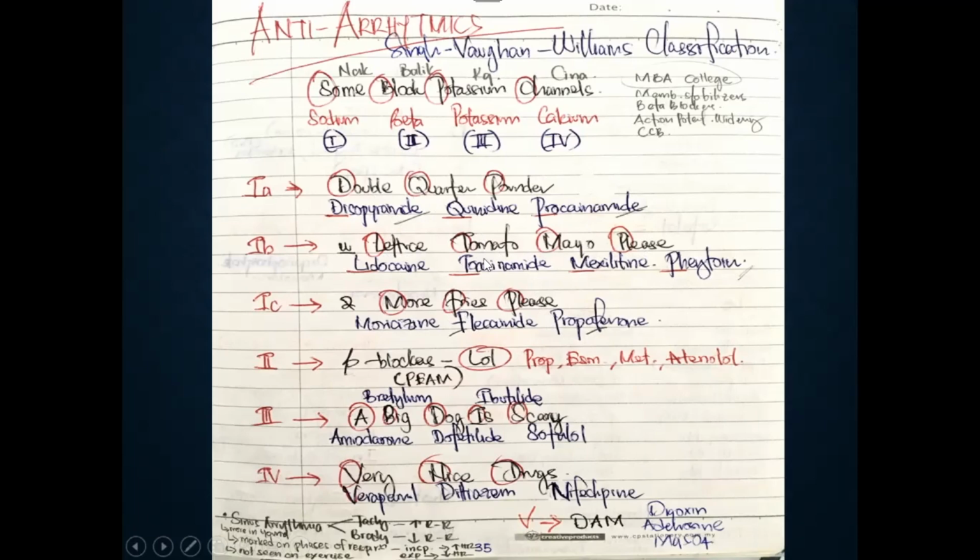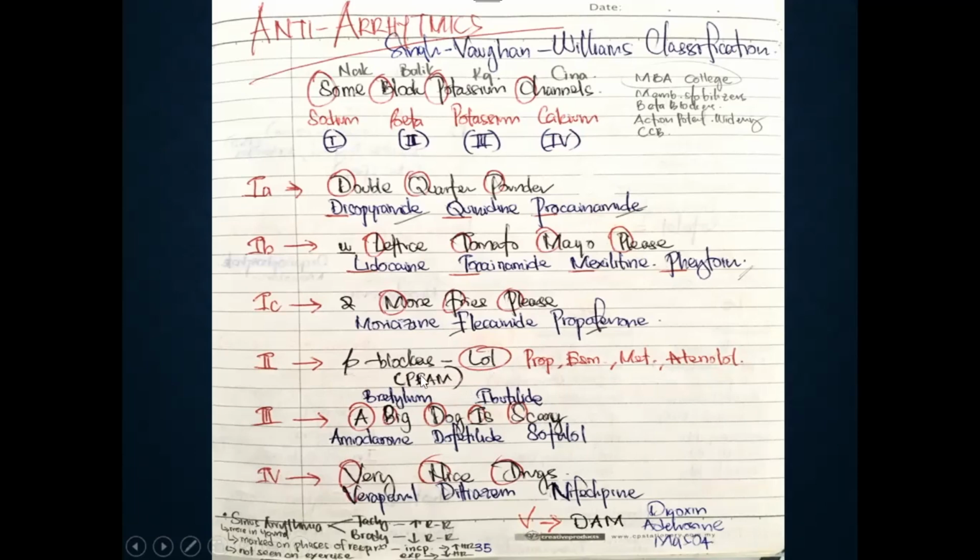These can be asked in MCQs. Mexiletine belongs to group 1B, not 1A or type 2. For beta blockers, you all remember propranolol, atenolol and so on. I remember it as PEAM. Initially I remembered it as MEA, which is metoprolol, esmolol and atenolol, but propranolol is included, so PEAM or MAPE or whatever you want to remember.